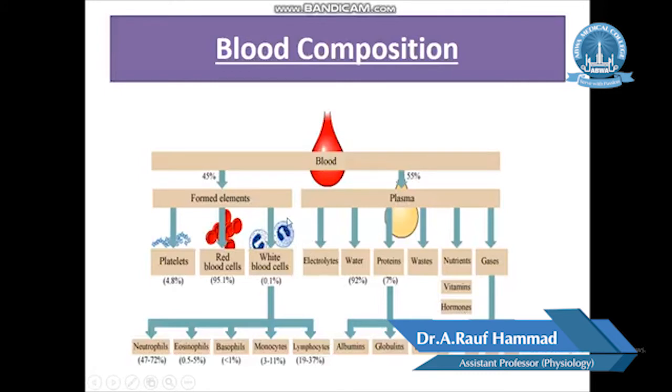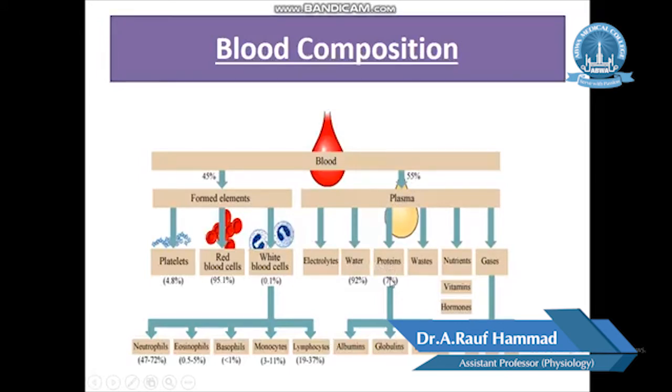Once again, for understanding, it is another slide taking a drop of blood: 45% formed elements, 55% almost plasma, and this plasma further constitutes, as we have said, electrolytes, water, proteins.